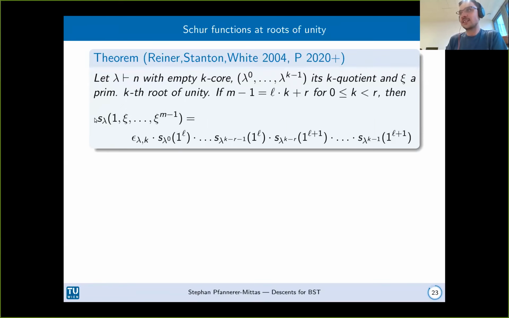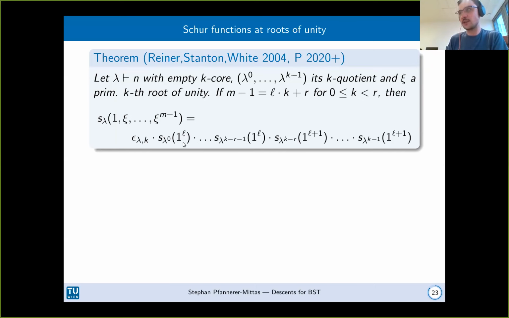And then we can directly write the Schur function evaluated at these powers of roots of unity as a product of Schur functions, where now the partitions are precisely the ones that are coming from the quotient. And also notice that here's the sign showing up that we had in our theorem. And here we don't have roots of unity anymore, or just the trivial, the first root of unity.